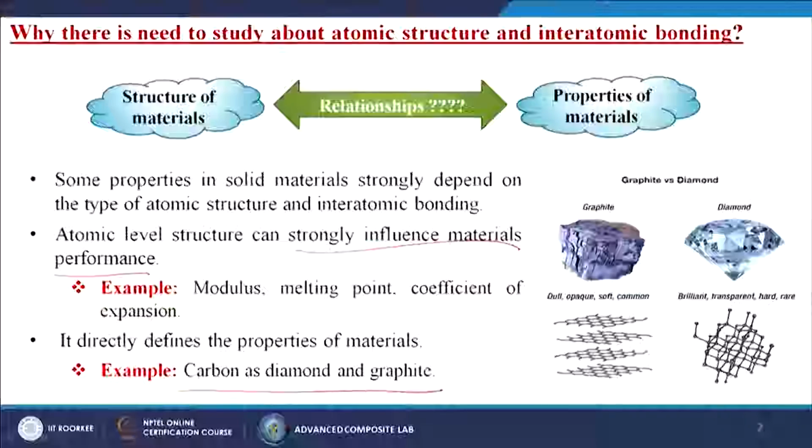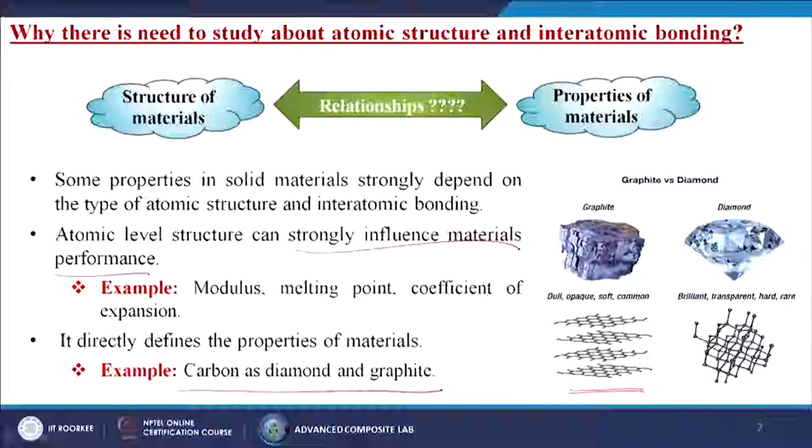It is very hard, and it is rare because it is not easily available. You can prepare artificial diamond, but with the help of high end equipment. You can see the crystal structure of the graphite, and the crystal structure of the diamond also.